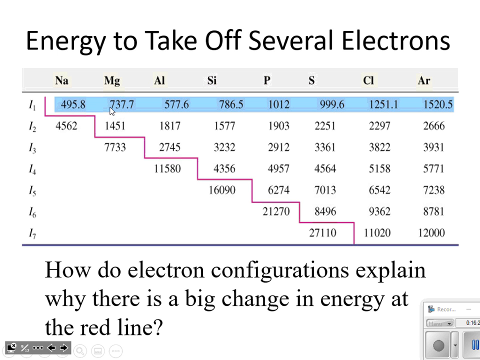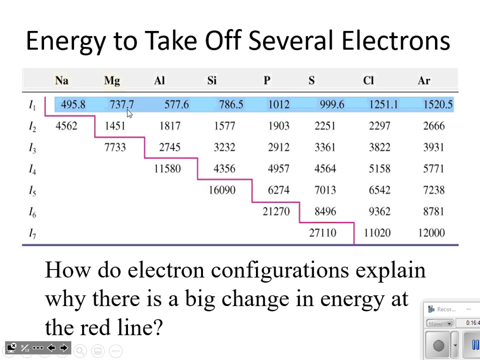Now look at magnesium here. Okay? Look at magnesium. Where are we at? Madison, how many electrons on the outermost energy level of magnesium? Okay, we would say that is an S what? 2. So how many electrons? 2.